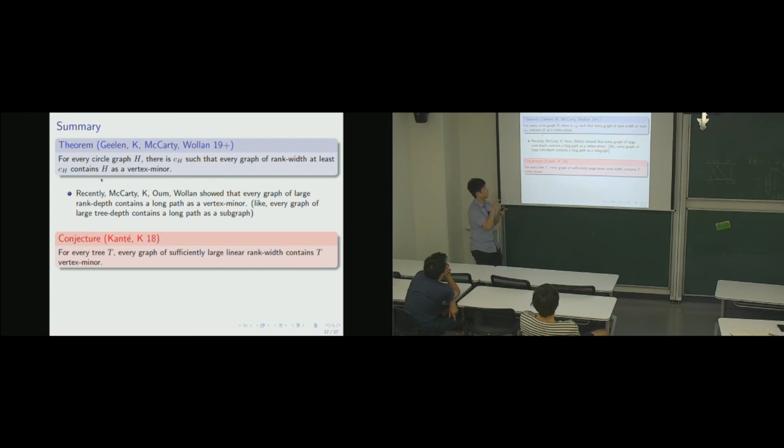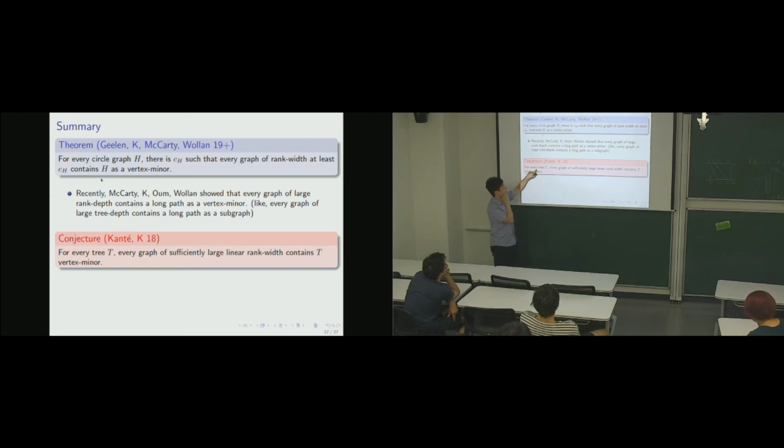It was conjectured in 2016 by Peter Hlinený, me and two other people that every class of graphs of unbounded rank-depth contains a long path as a vertex-minor, and we proved this very recently. But we actually don't know much about this conjecture.